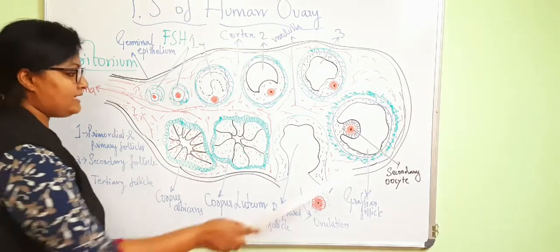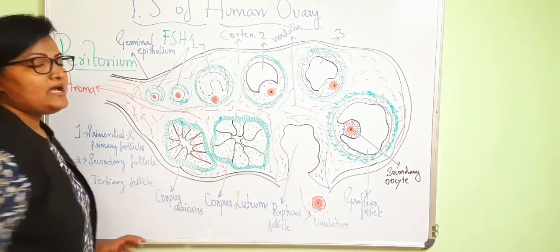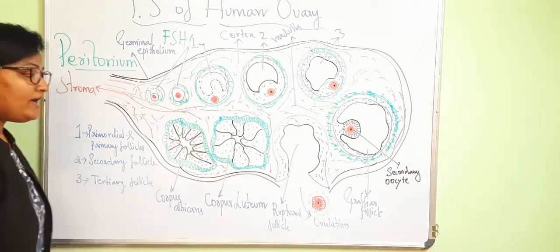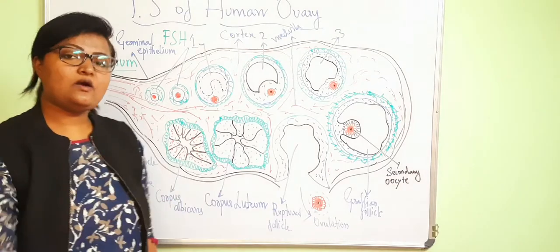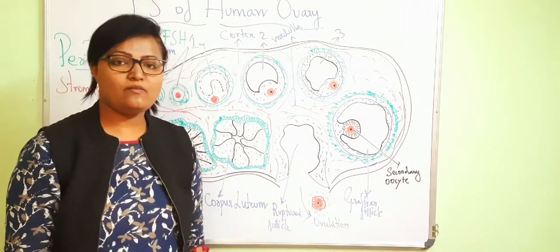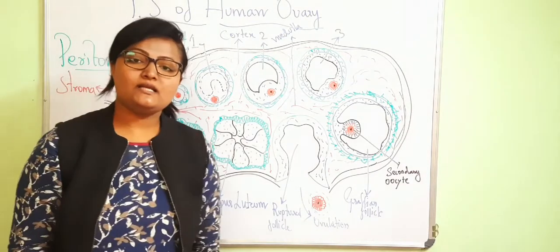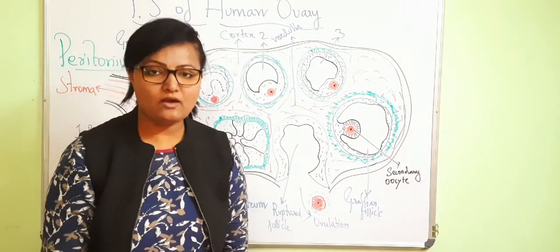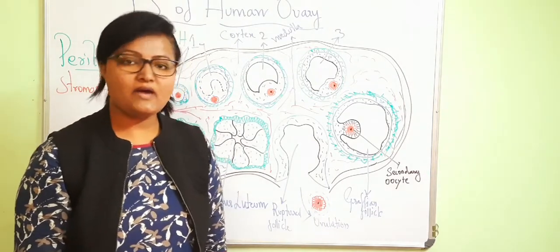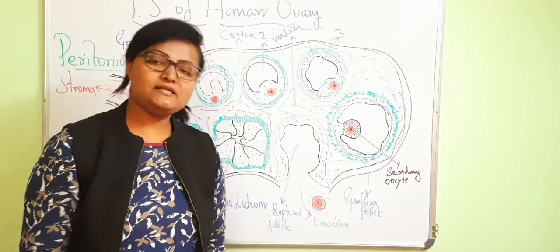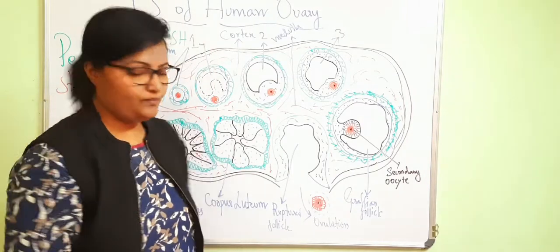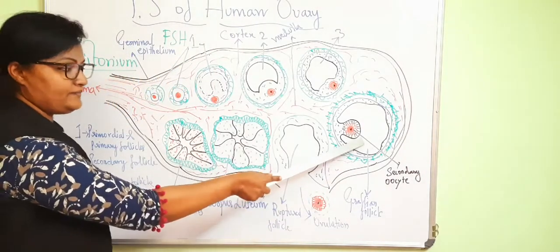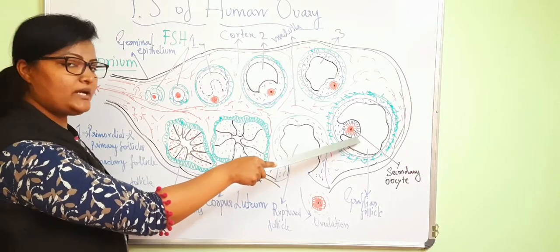This Graafian follicle contains the secondary oocyte, which when it comes into contact with the sperm in the female body gets converted into egg or ovum, where fertilization takes place and it converts into zygote. Until the Graafian follicle there will be development.